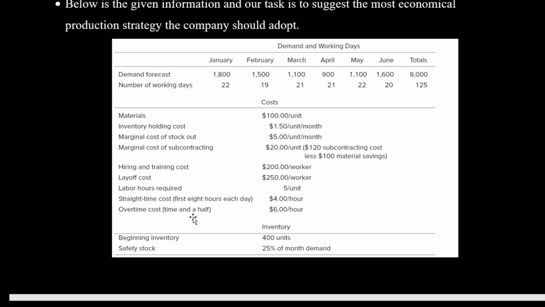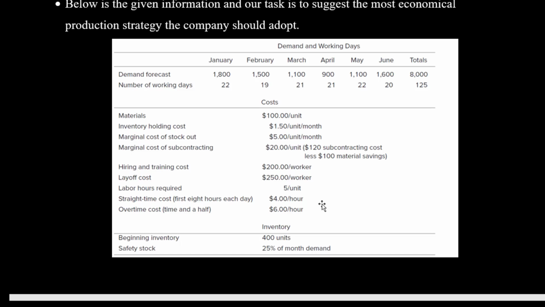The straight time cost for the first 8 hours each day, whenever a worker is employed for a full 8 hours, is $4 per hour. So that means in a day he will get $32. If he is asked to work overtime beyond those 8 hours, then for every hour he will be paid 1.5 times, that is $6 per hour.